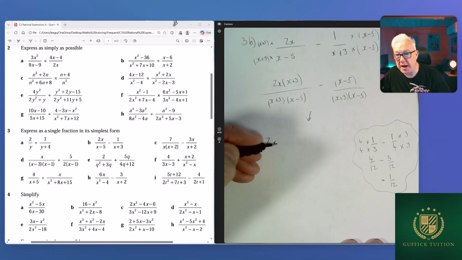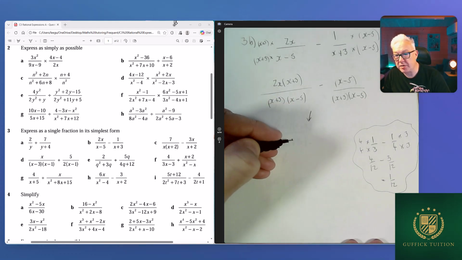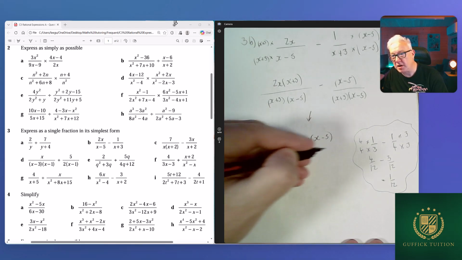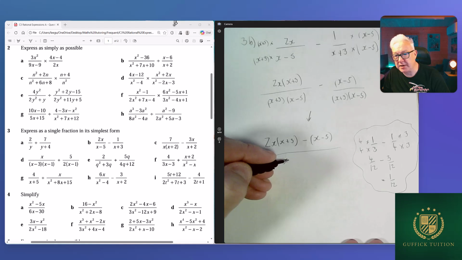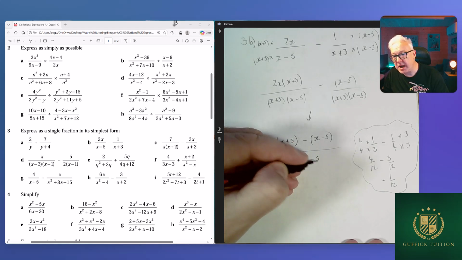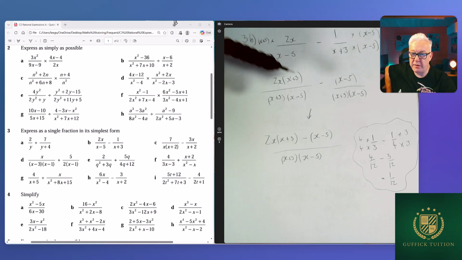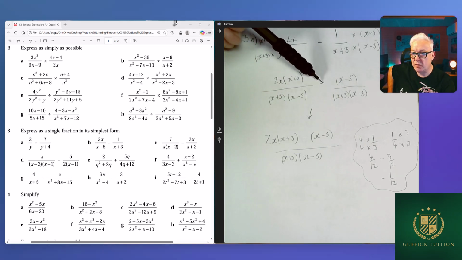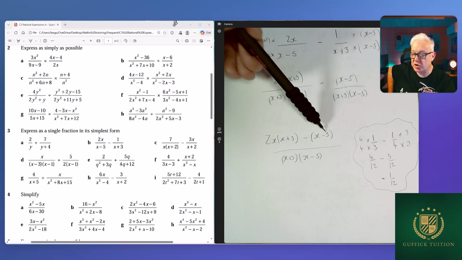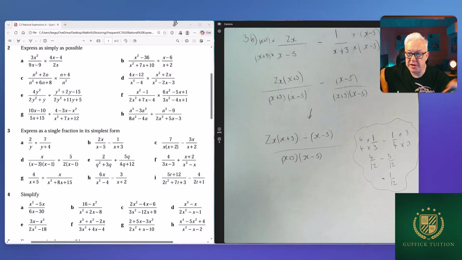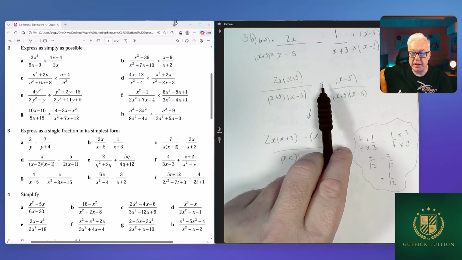So we have 2x, open bracket, x add 3, close bracket, minus x minus 5 over x add 3 times x minus 5. Now, the thing I would say here is this is one of the areas where students commonly make a mistake. Because notice, when I've brought this together into a single fraction, I've left it inside the bracket. And I've done that for a reason. The reason is because there's a minus here.